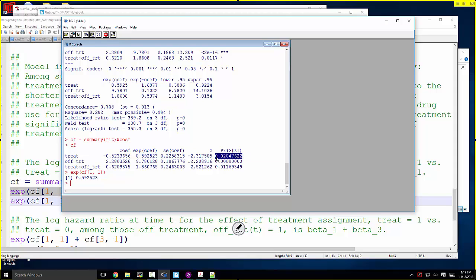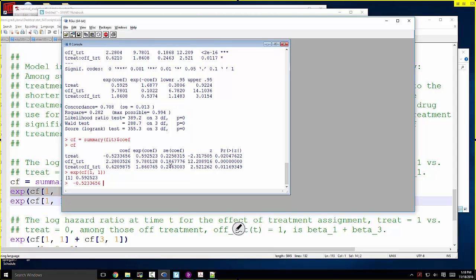So suppose we wanted a confidence interval for this hazard ratio. What we can do is construct a confidence interval for the log hazard ratio. So we could do that coefficient plus or minus 1.96, say, times the standard error of the beta coefficient.